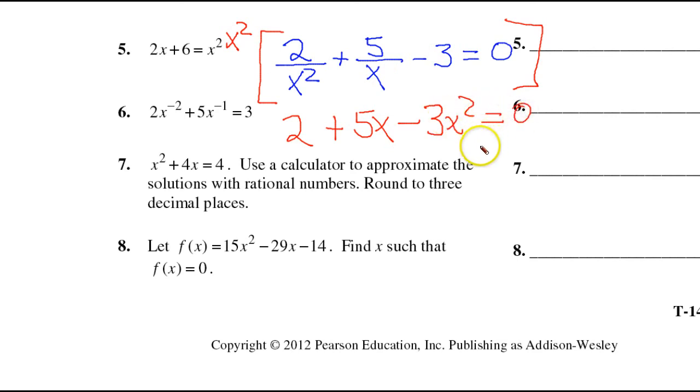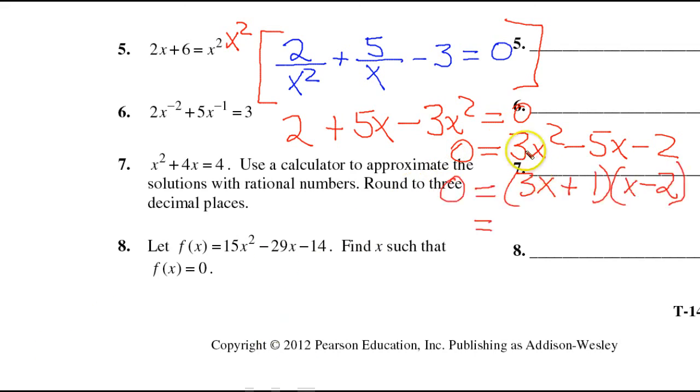And then we're going to shift everything over to the other side to make our x squares positive and change these signs. And a negative 2. All right, this might factor. And it did, factors into this.